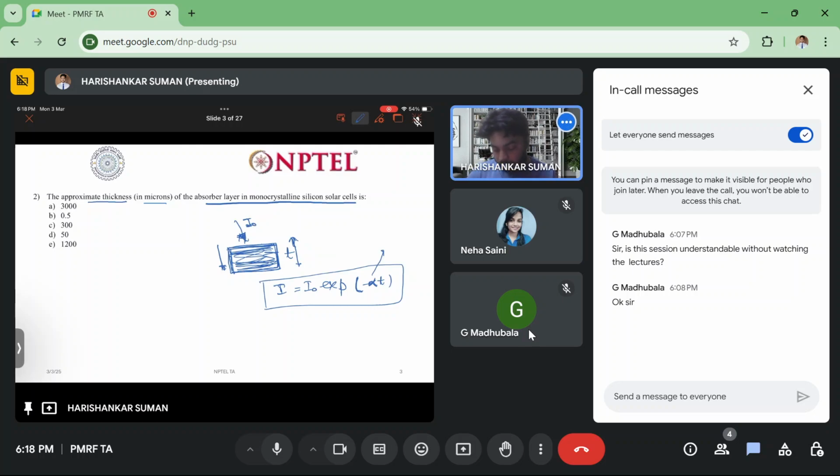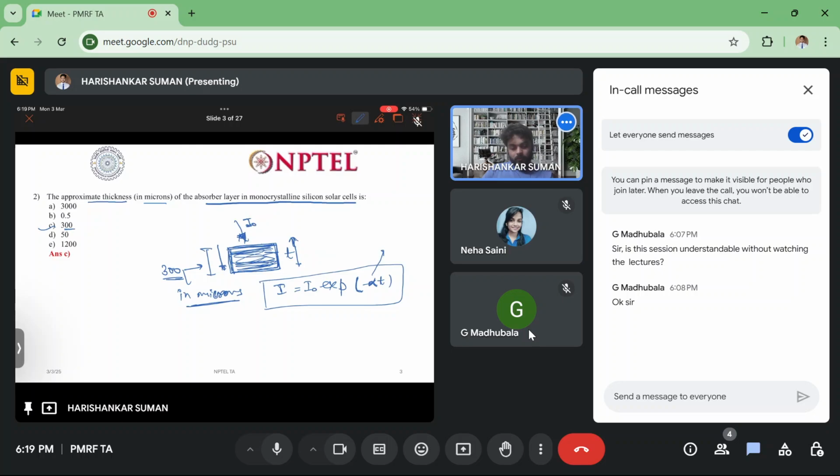So for silicon, around 300 micrometers will be the thickness. That should be the length of the absorber layer that can give the optimum output.